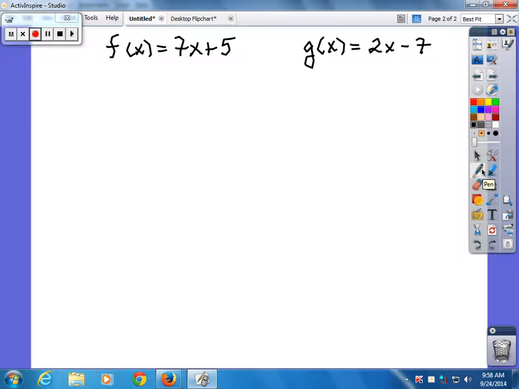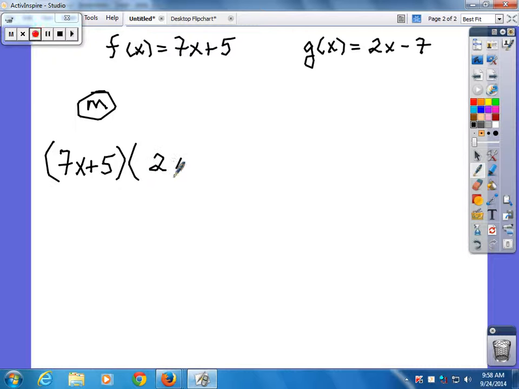What's the next? Division or multiplication? Multiplication. Multiply 7x plus 5 times 2x minus 7. What method we going to use?